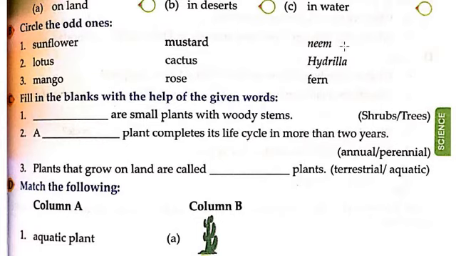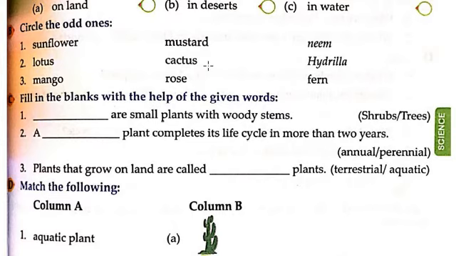Neem is a non-flowering plant. Lotus, cactus, hydrilla. We will circle cactus. It's the odd one. Why? Because cactus is a desert plant while lotus and hydrilla are aquatic plants.